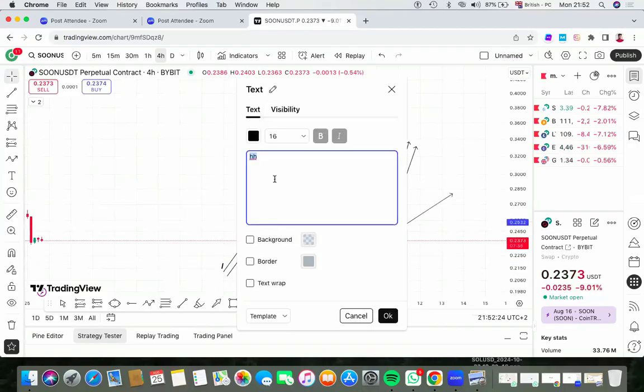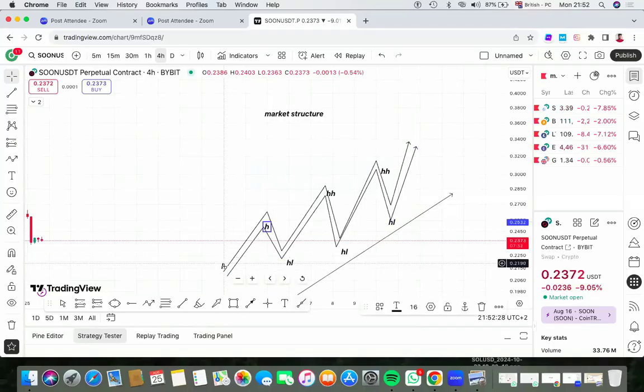Let's remove one of these, okay? We refer to this as a low, the lowest price of the market when the day started, when the market started. After a couple of hours, it created a high, so it got to a high level, and then it moved back down.